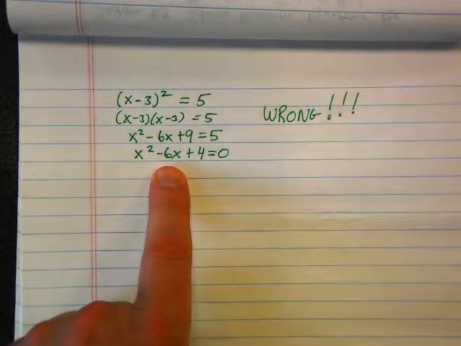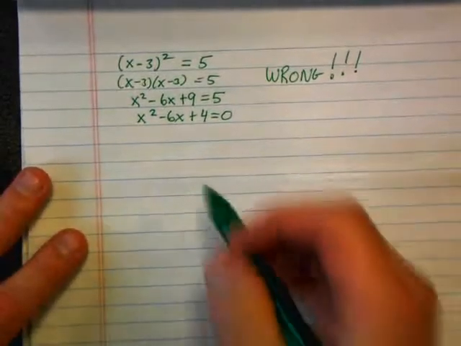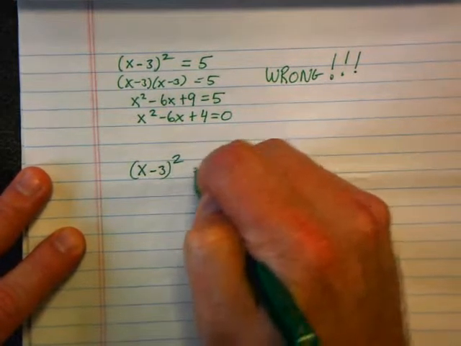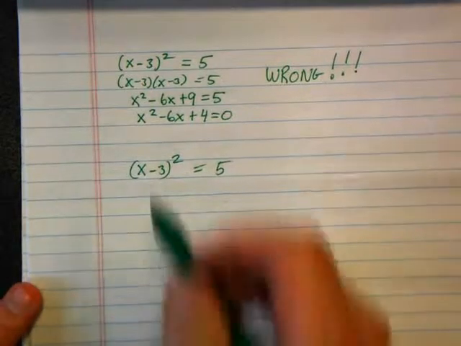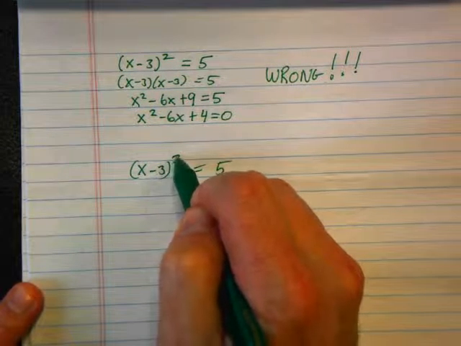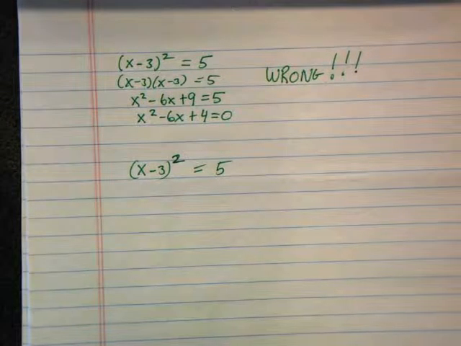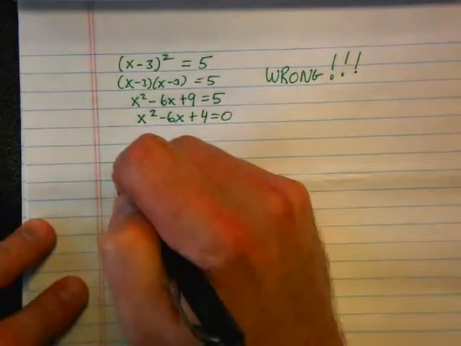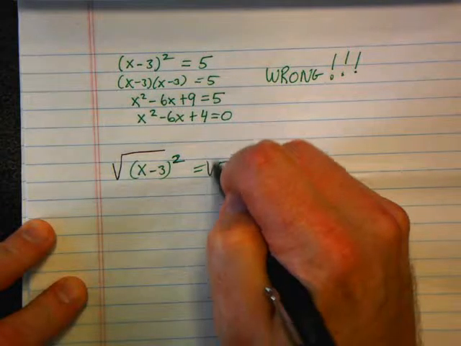You want to square root it. If you see a parenthesis like this with a square, that's a good thing. Because you can put the parenthesis on one side, and you can get rid of that square. How do you get rid of that square? You do a square root. And once again, we're going to remember there are two square roots, a positive one and a negative one.